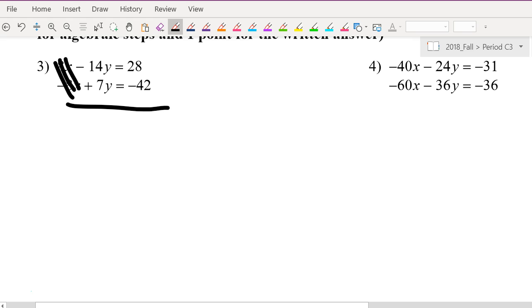And what do we end up with now? We've got negative 14, and positive 7. Negative 7, good. So negative 7y equals 2. Well, we have to subtract those. So that's negative 14. Okay, now what?